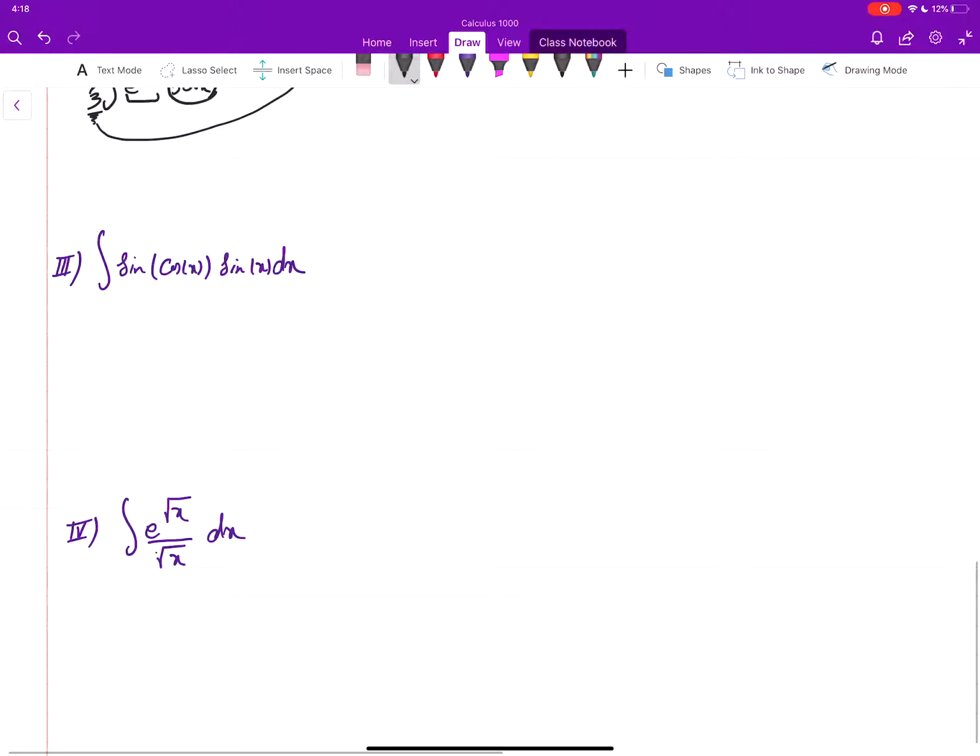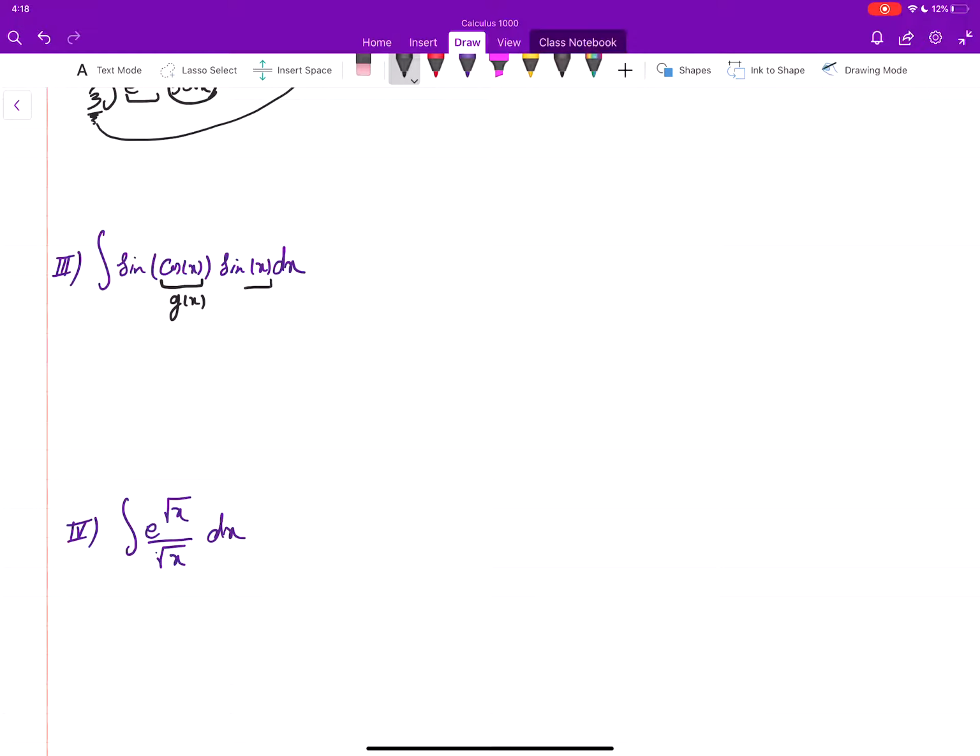In this case, well, we have sine of something. If you have sine of a function, that function is the best candidate to do the substitution with. So g(x) is going to be cosine x, f is sine. But then you might say, what is the derivative of cosine x? Derivative of cosine is negative sine x.